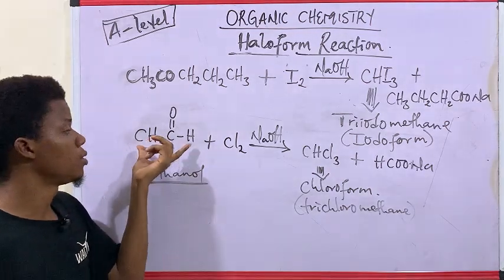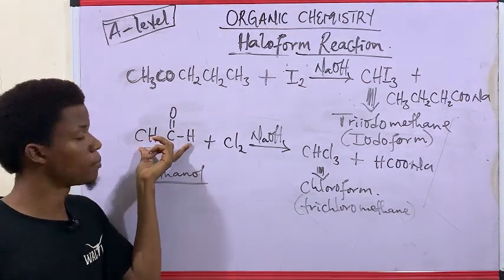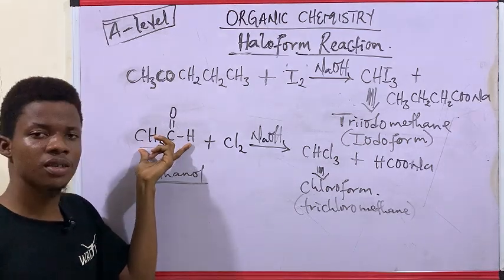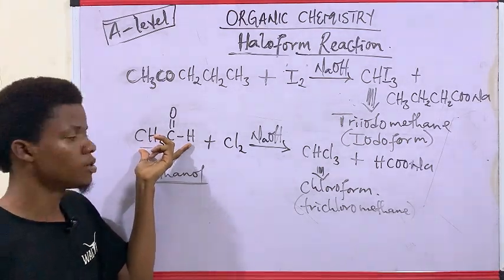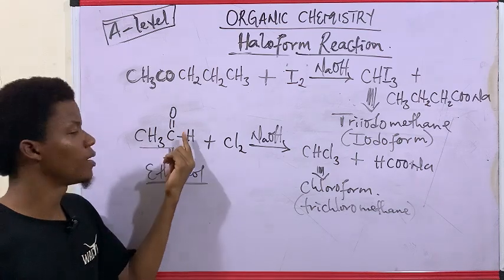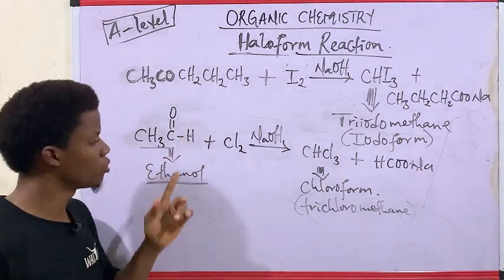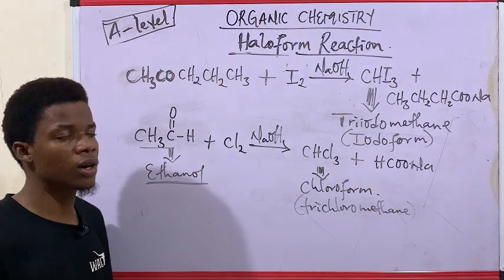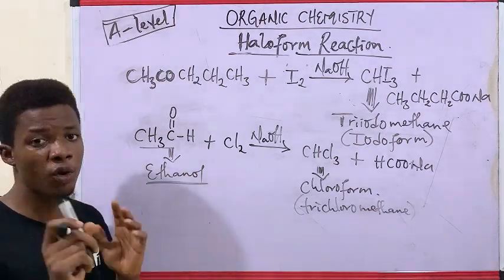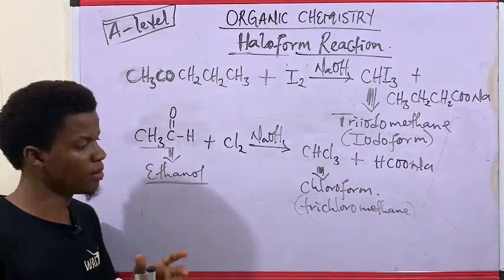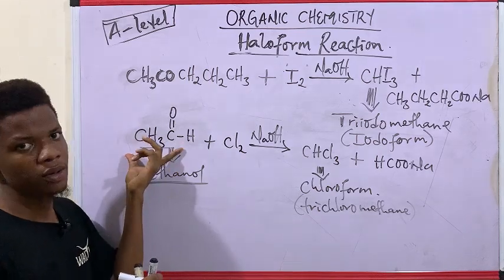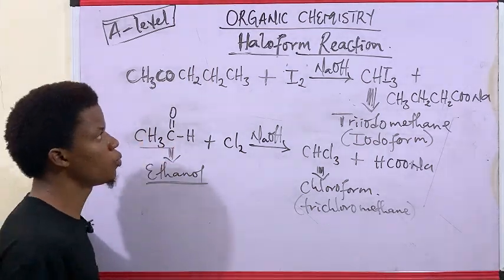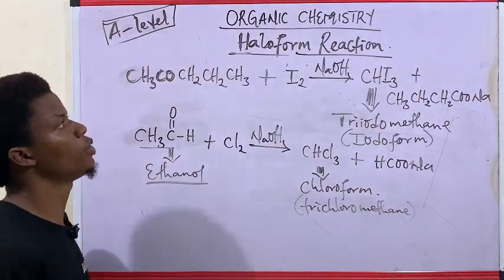So ethanol, being an alcohol, can undergo haloform reaction for this reason. It can be oxidized to ethanal, which has a methyl carbonyl group. So this is the summary of haloform.